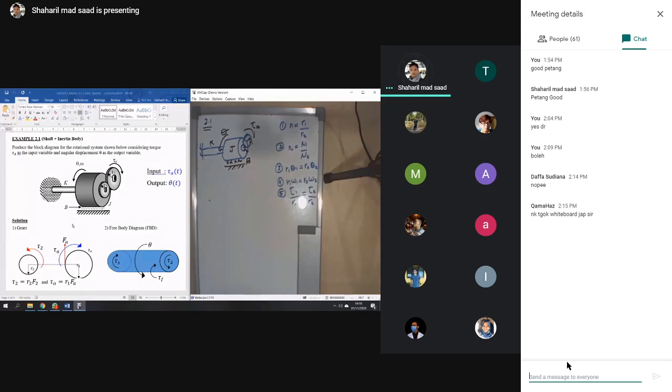Okay, so first you need to draw the free body diagram, but you need to look at the gear first. Okay, look at the gear.